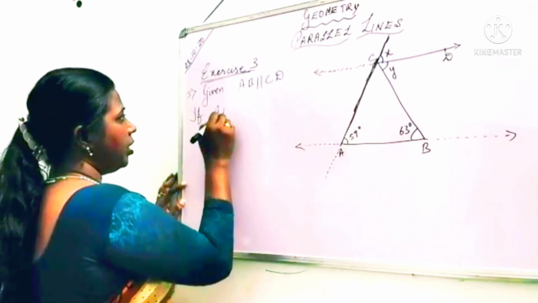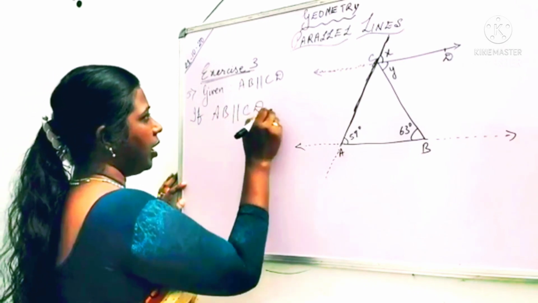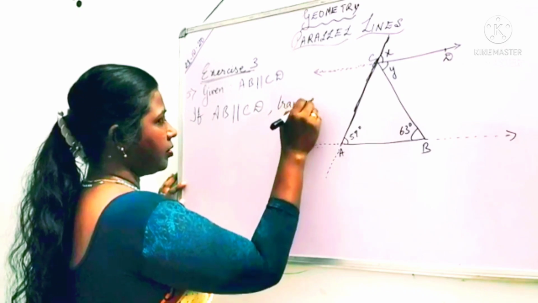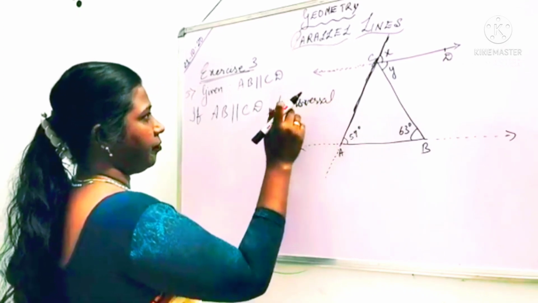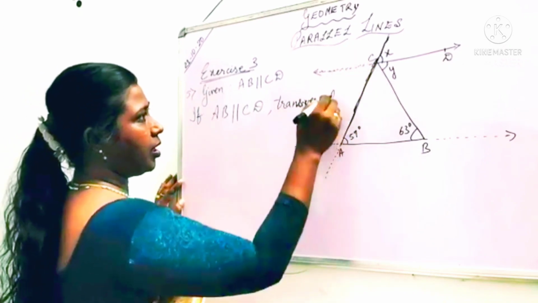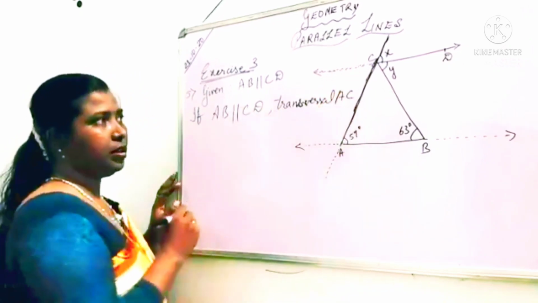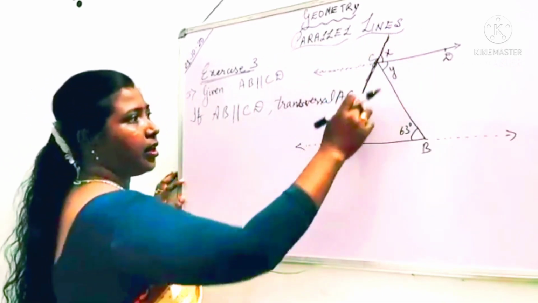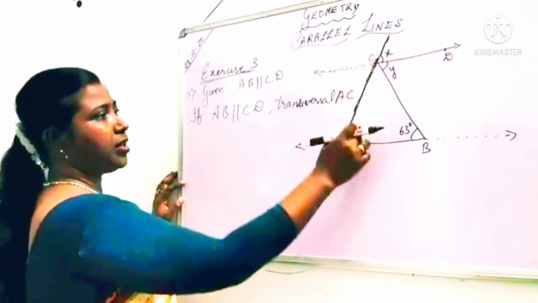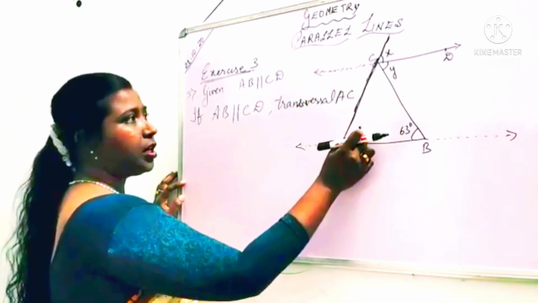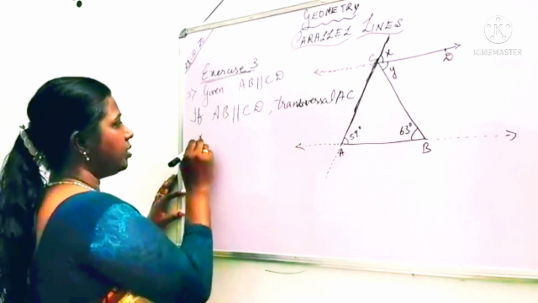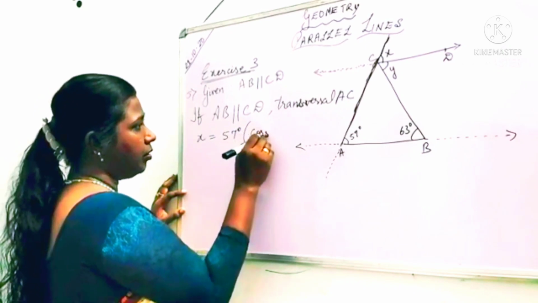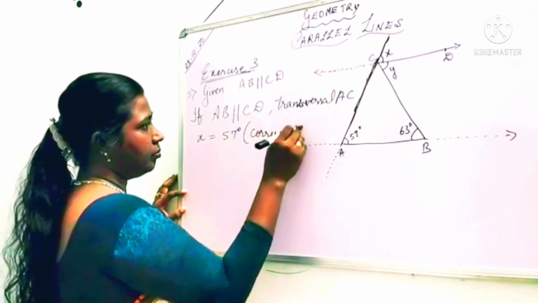If AB is parallel to CD, then AC is a transversal. Where is X? Here it is. By seeing this, what are you understanding? This is a corresponding angle. So X is equal to 57 degrees by corresponding angles.